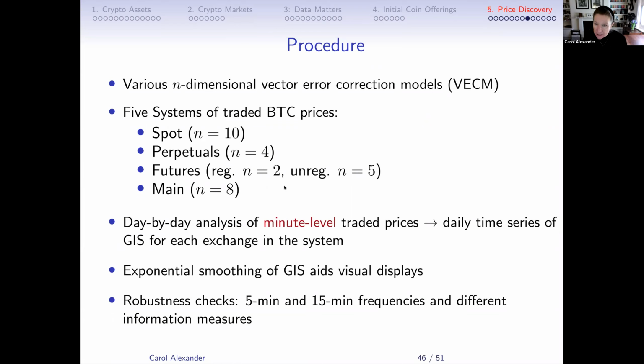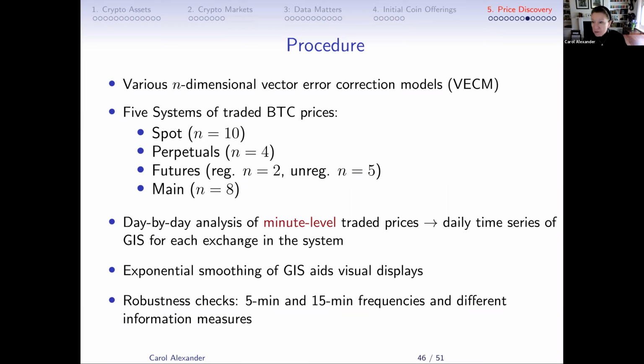So every day we built these one, two, three, four and another couple of error correction models every day. So we estimated the models using minute level traded prices and derived from that each day a GIS for each of the products, and, well, each exchange, I should really say each product in the system here.